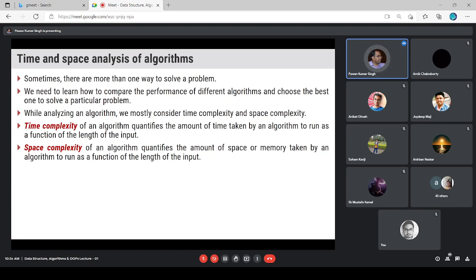And what is the space complexity? Space complexity is the amount of space, or you can say memory, taken by an algorithm from the time you have given the input till the time you receive the output. That is the space complexity.